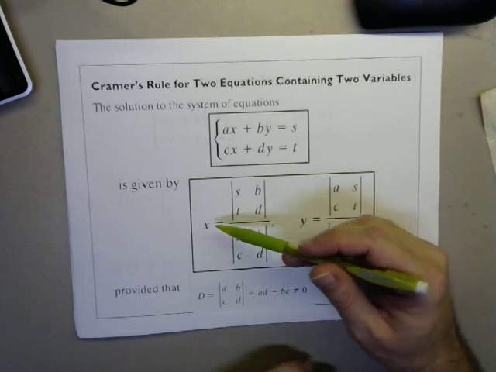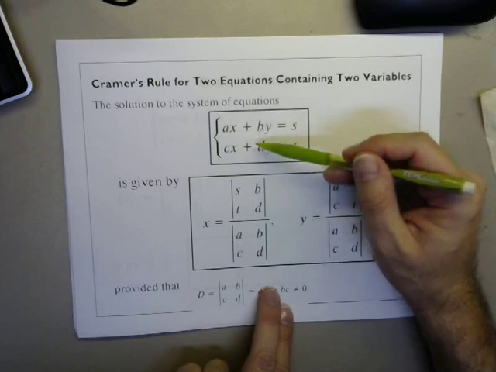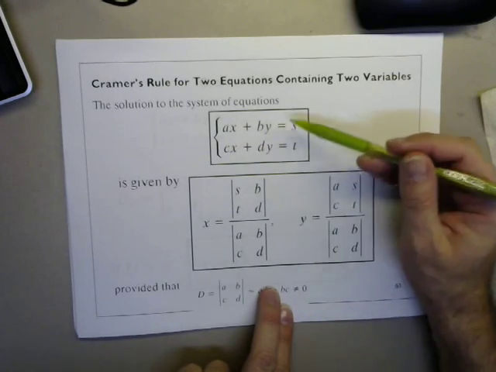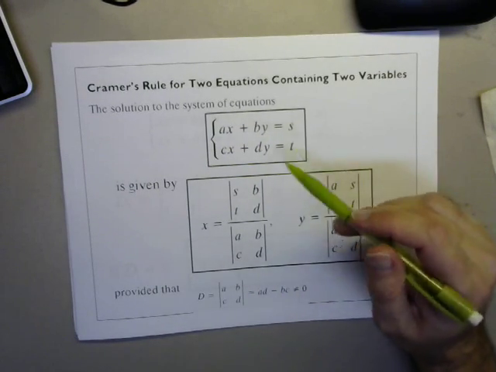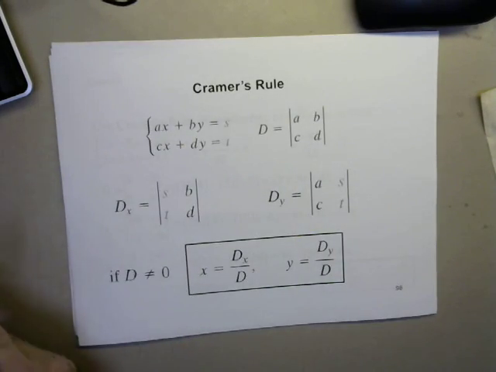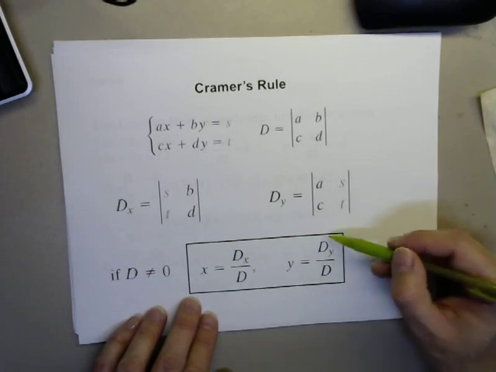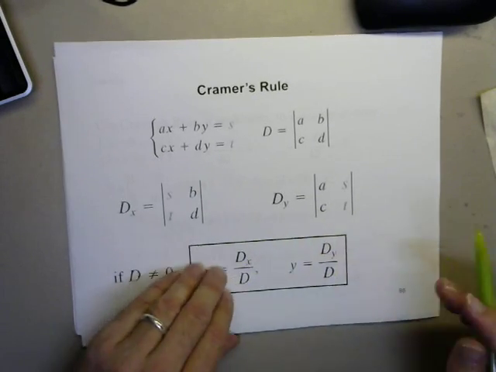So in both cases, when you're solving for x and y, the determinant on the bottom will be the same. It'll just be the coefficient matrix that you have over here. And this again assumes that the determinant on the bottom is not 0. So again, this matrix on the top is called Dx, the one on the top here is called Dy, and this is just called D.